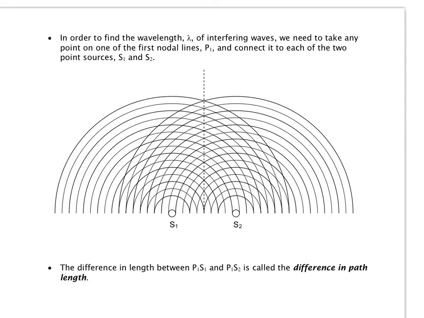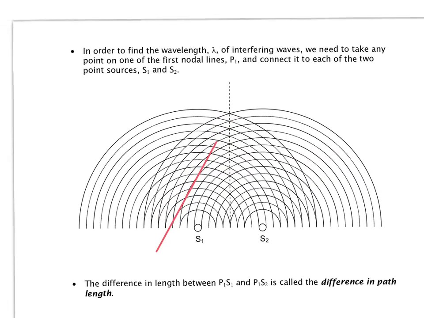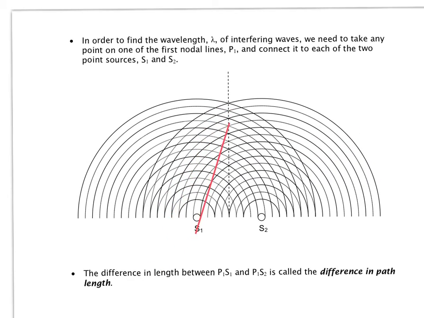So what we're going to do here is see if we can draw a straight line between source number 1 and, let's just say, the first nodal point. So source number 1, and a point on the first nodal line. I'm going to take another line and connect it from source number 2 to the exact same point.